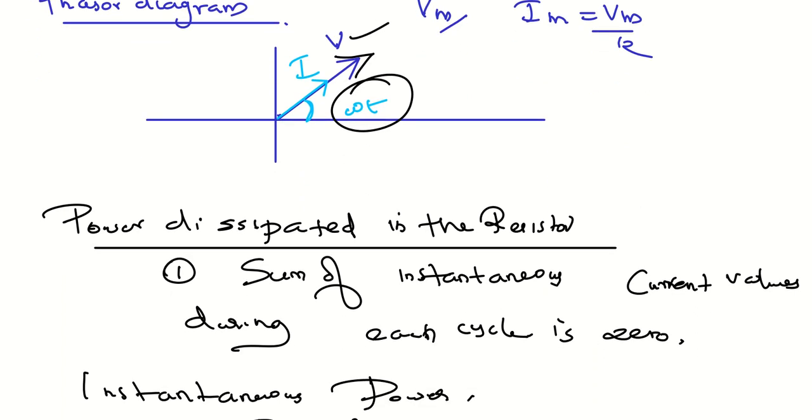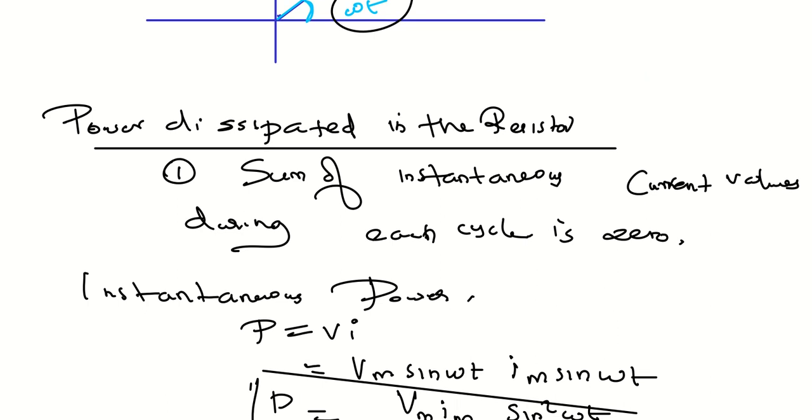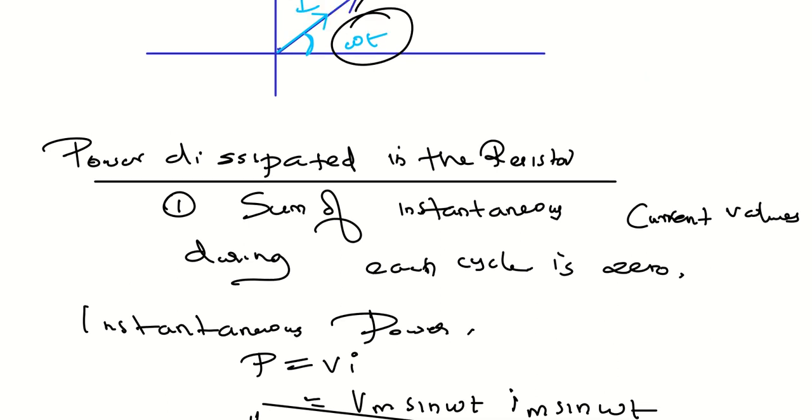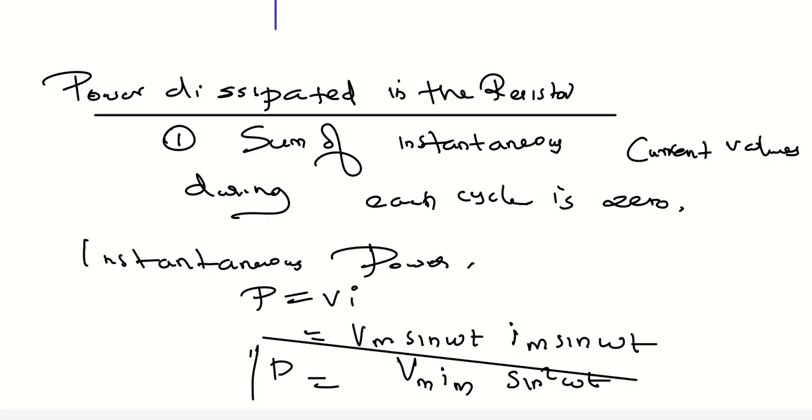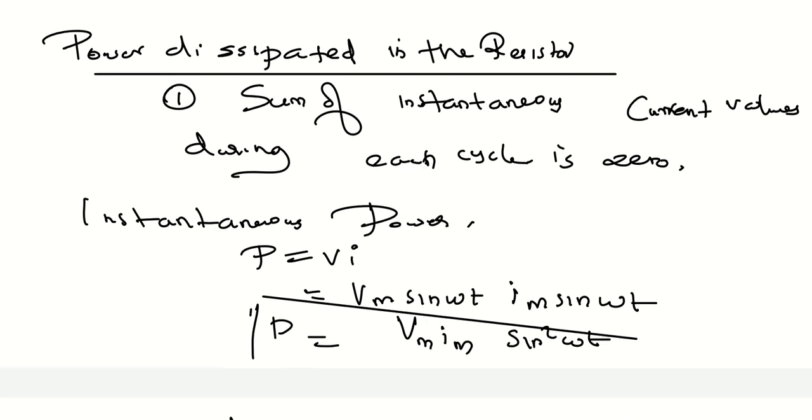And what is meant by power dissipated in the resistor? We know that the sum of instantaneous current values during each cycle is 0, but that does not mean the power is 0. The instantaneous power is Vm sin omega t into Im sin omega t, so Vm Im sin square omega t.